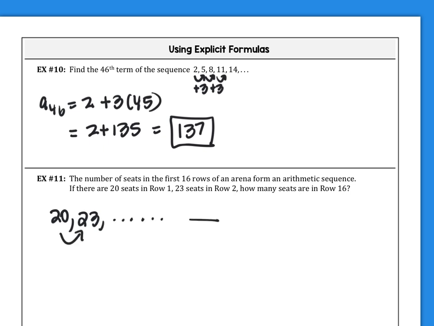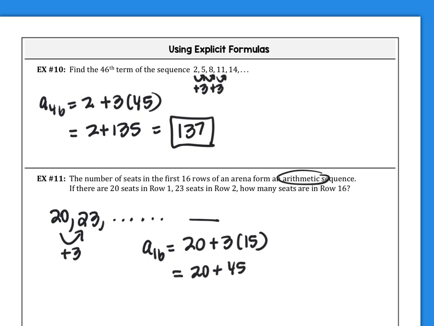Okay, so notice each row, since they're telling us it's arithmetic, is adding 3 each time. So that means the 16th row can be found by taking the first row, adding 3, 15 times. So 20 plus 45, 65 seats in the 16th row.